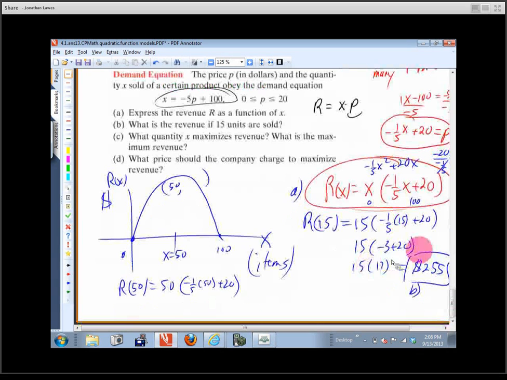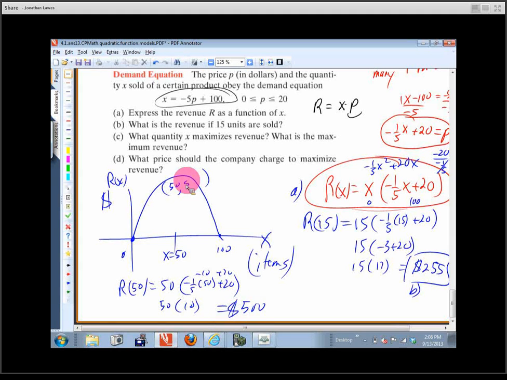Just like we did for R of 15, how much money did we generate when we plugged in 15? We got $255. This is going to be, what's negative 1/5 times 50? Negative 10. So this is negative 10 plus 20. So this is 50 here and 10 there. What's 50 times 10? 500.